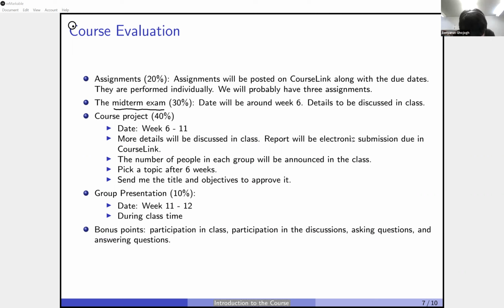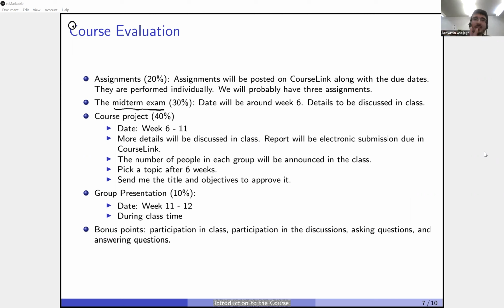And we have a course project: 40% of the grade will be the course project, 30% the midterm, and 20% the assignments. By the way, for the midterm, don't worry, I won't make it super complicated. As long as you attend the classes and understand what we are talking about, and if you solve the assignments, we will provide you the answers after the deadline. If you understand the assignments very well, the midterm will be similar. It will be easy for you, so you don't need to worry about that much.